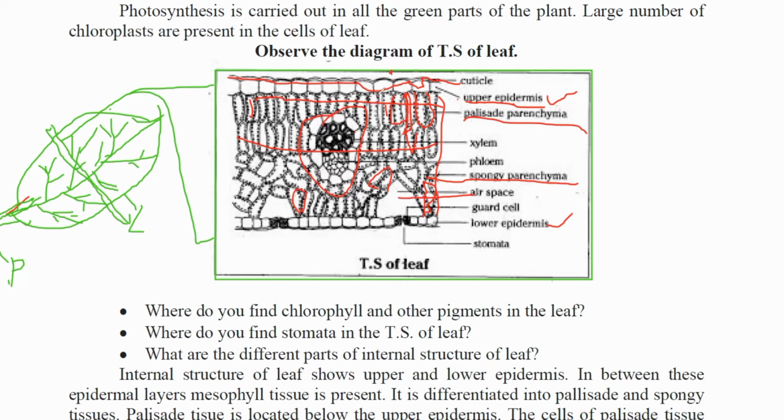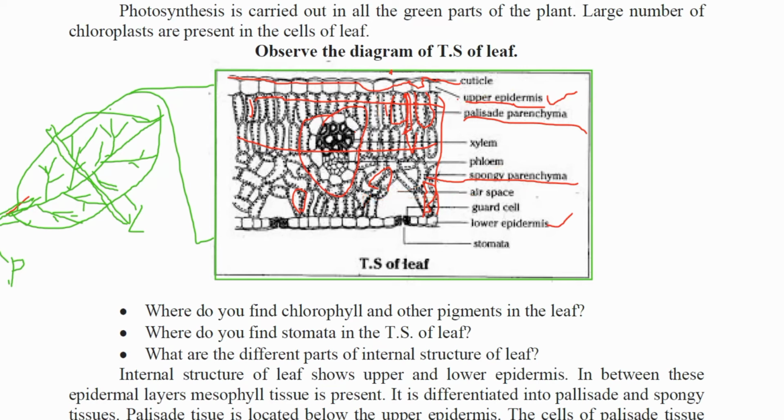Palisade parenchyma cells have more chloroplasts, so there is a higher photosynthetic rate, whereas spongy parenchyma cells have fewer chloroplasts, so the rate of photosynthesis is reduced.